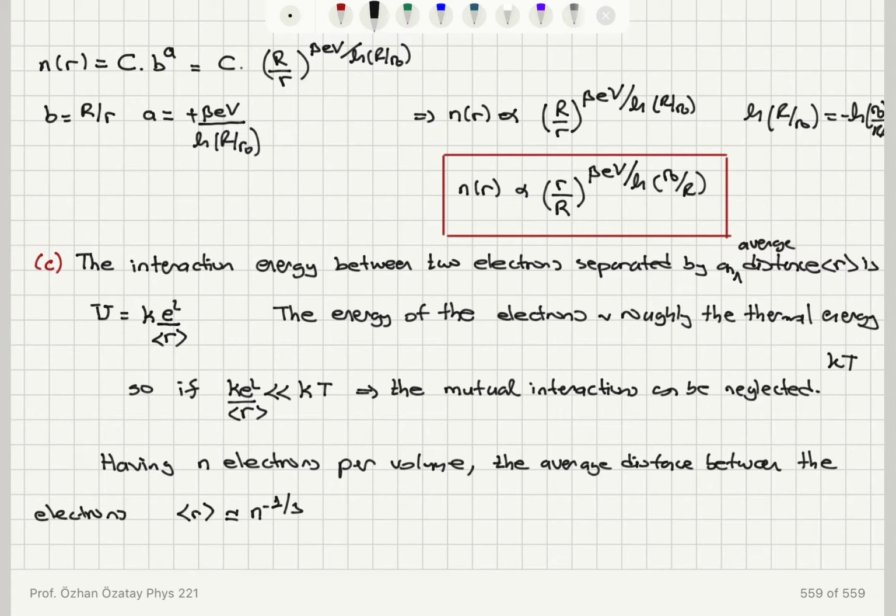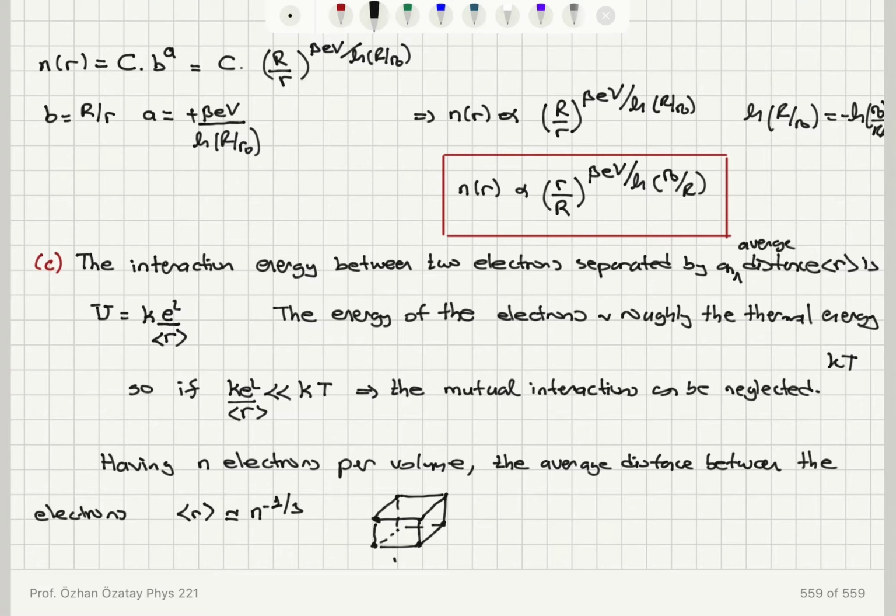Why is that? Because remember, when we tried to calculate the average distance between atoms, for example, we thought about forming a cubic crystal out of these atoms, and this was our model.